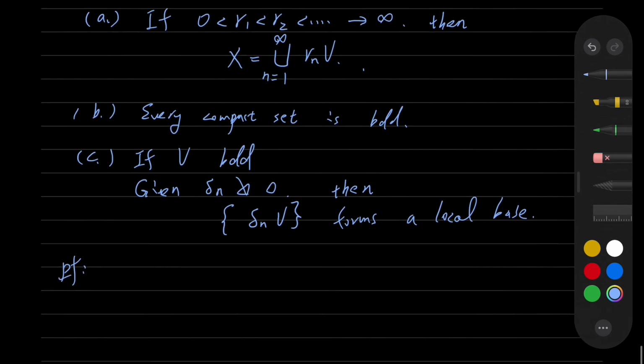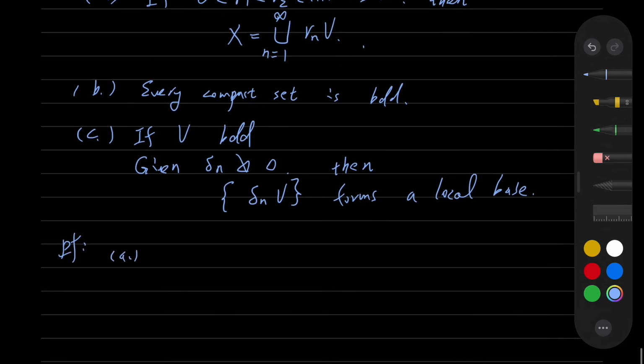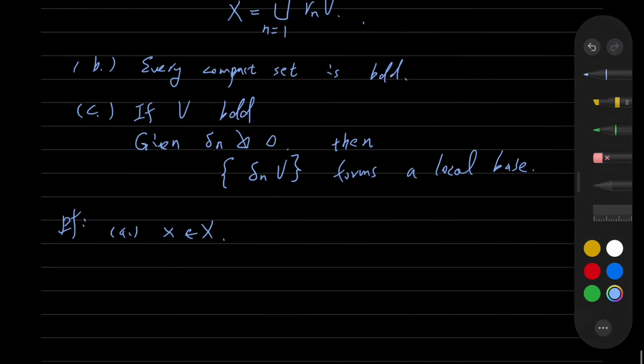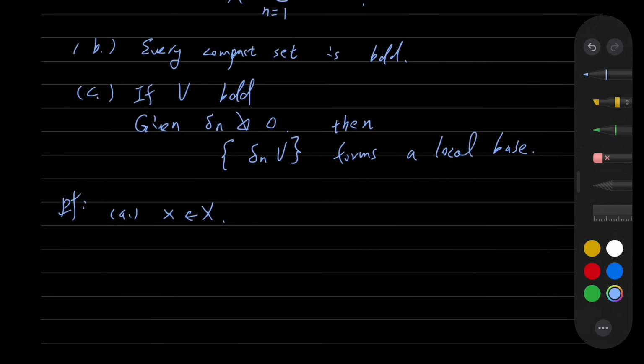So the proof, first part. So the first part is very easy. We just choose any arbitrary point x in the space. We want to prove that we can contain this point for n large enough. So we do this by the fact that the scalar multiplication is a homeomorphism.